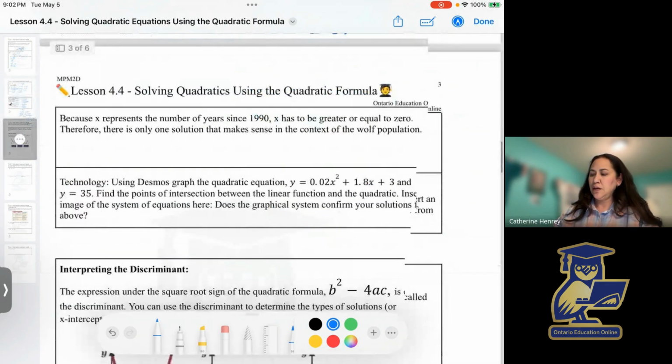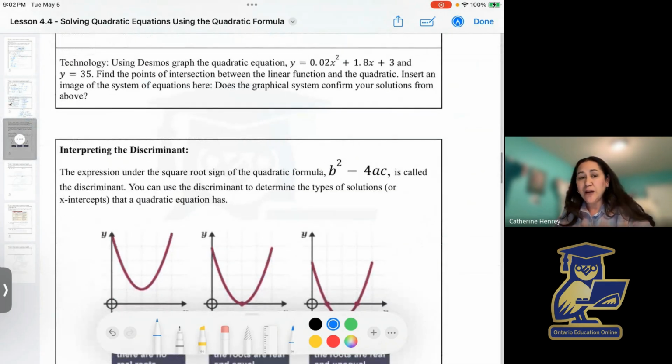Great. So what you can do, and what I encourage you to do, is you can get onto Desmos or another graphing tool and graph the equation that we were just solving, y equals 0.02x squared plus 1.8x plus 3, and graph y equals 35, because that's how many breeding pairs there are, and see if you can find the points of intersection between the linear and the quadratic function.